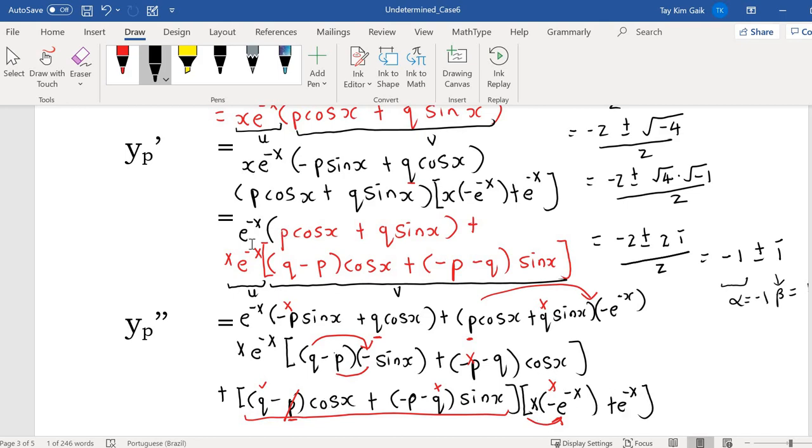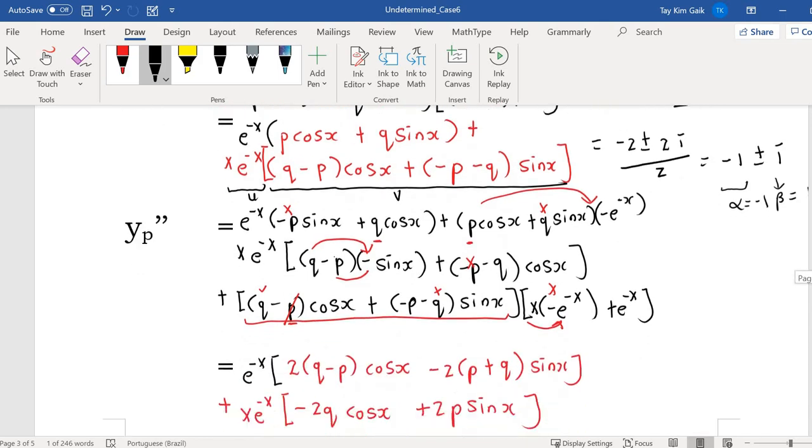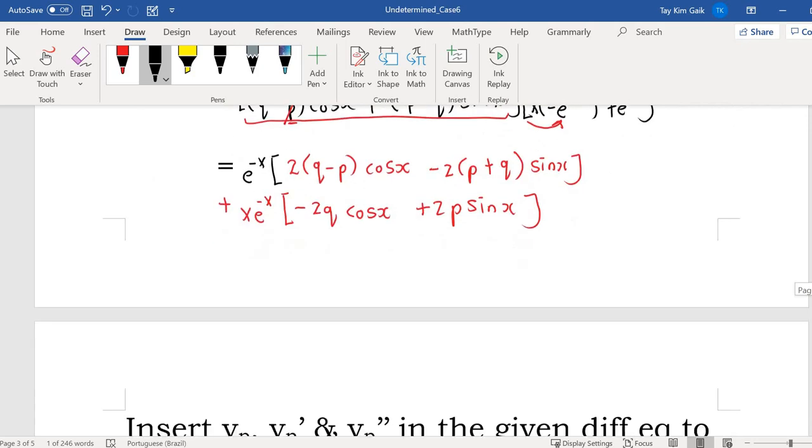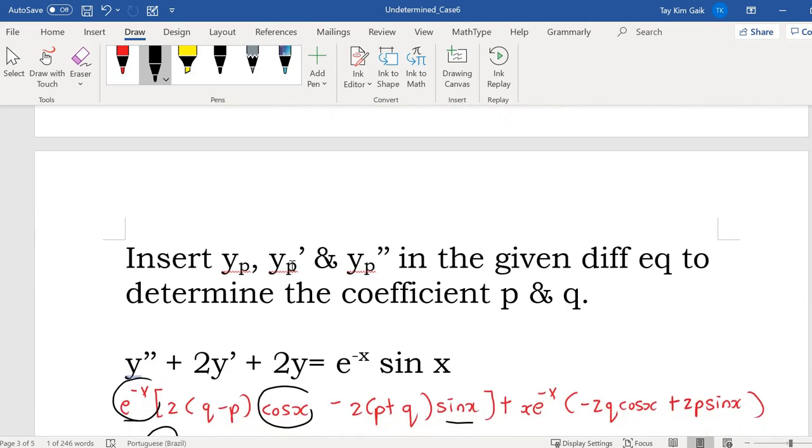In order to differentiate u prime, use the product rule like this one. Then I collected the exponent negative x and x exponent negative x terms, and put them into cos x sin x first. Then plug your yp, y prime p, y double prime p into your differential equation.